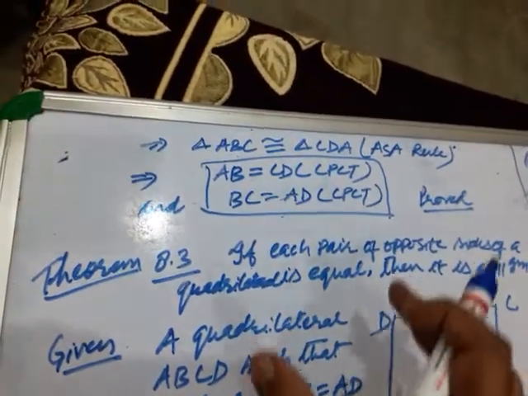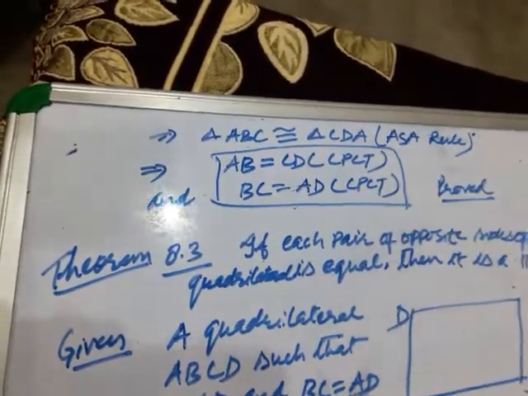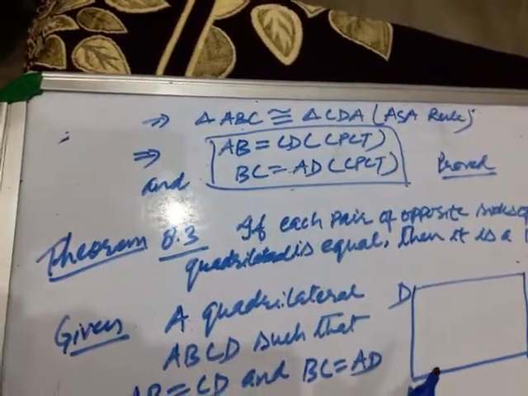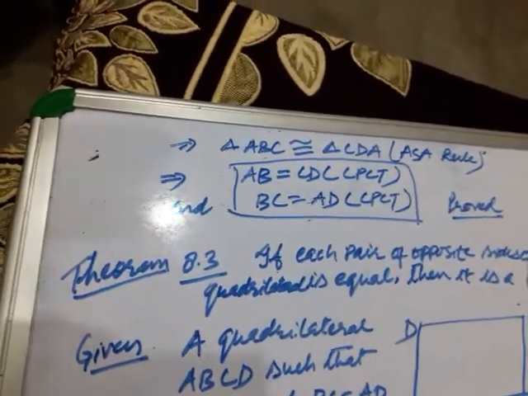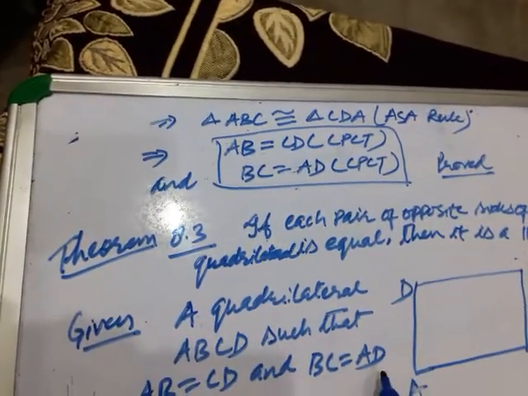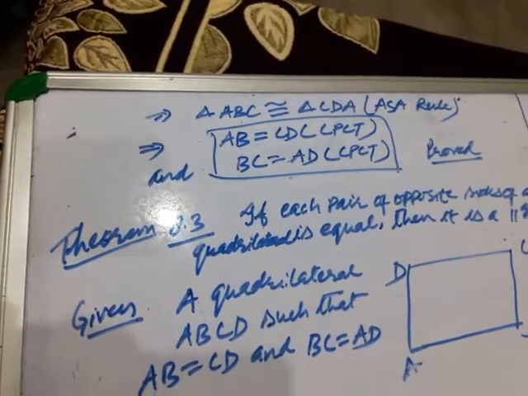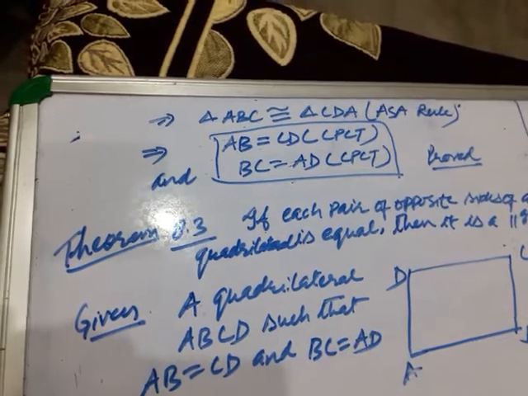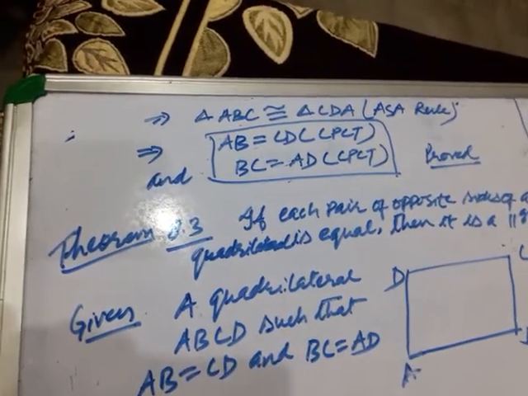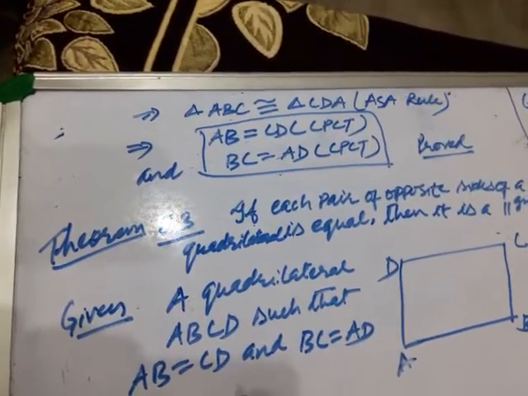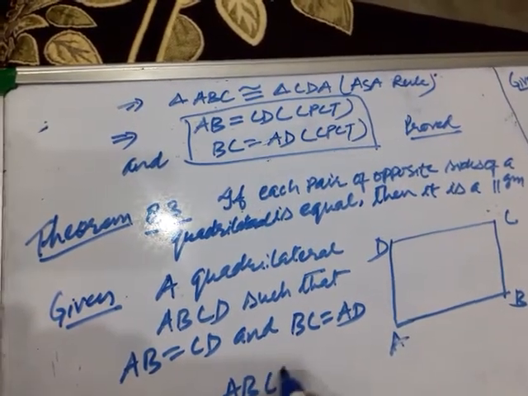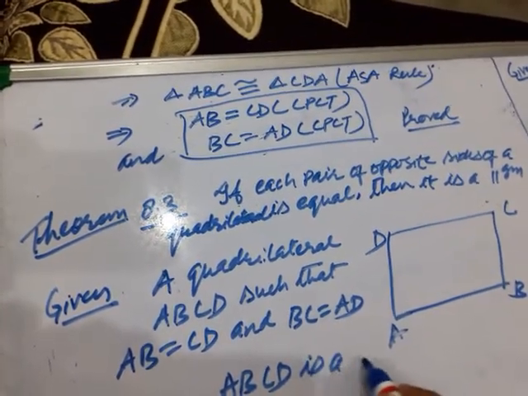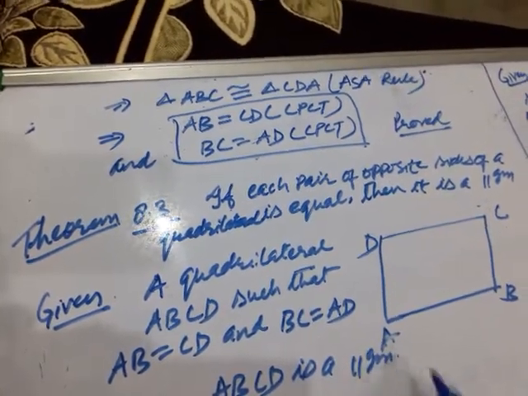Clear? The things which we proved in the previous theorem are given in this theorem, and we have to prove its opposite. AB is equal to CD and BC is equal to AD. Then what do we have to prove? We have to prove that ABCD is a parallelogram.